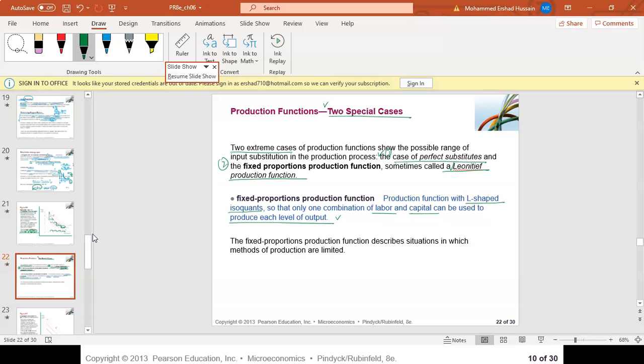It describes a situation in which methods of production are very limited. Only when resources are used in accordance with that method will output increase.